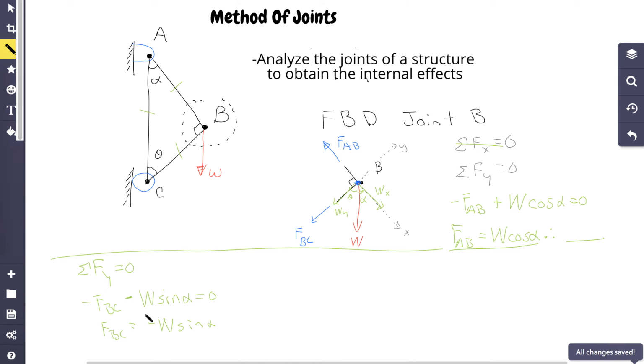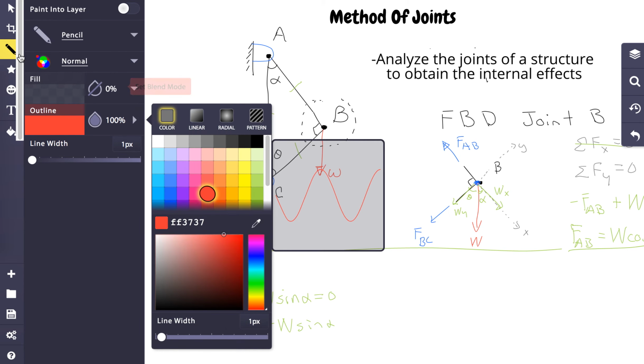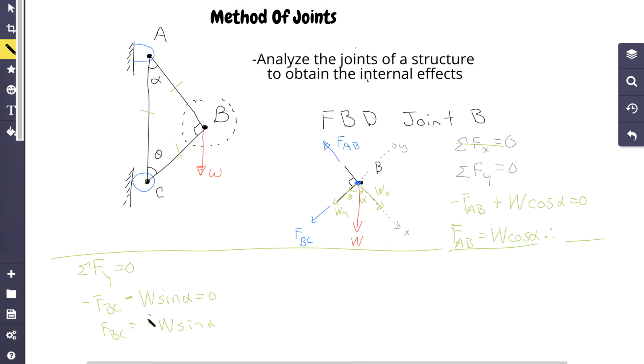Now since we're working with magnitudes here, I want to point out something. I'm going to put this in red so we can see this. This negative sign here means that we drew this FBC in the direction it's not supposed to. This FBC is actually in compression. So this element here, this BC, is actually being compressed. That means the 2 points are being forced into one another and shrink.